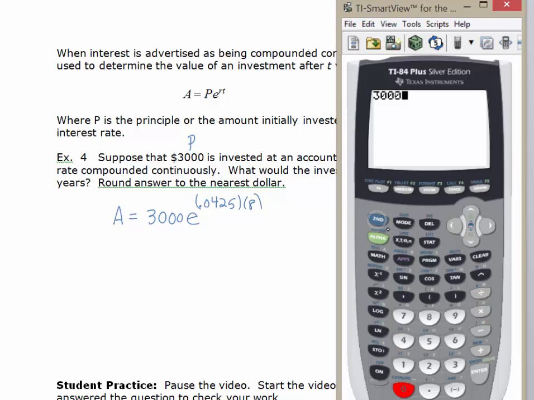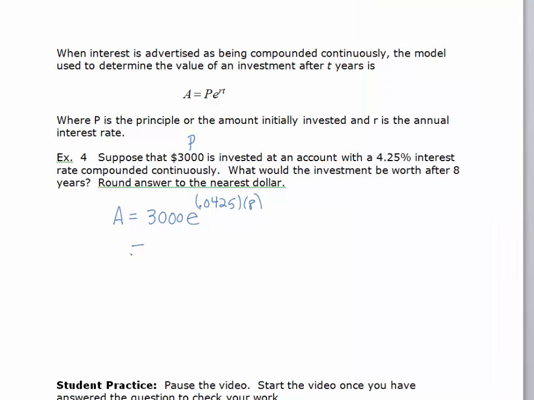So I'm going to use second and then ln, and that will automatically raise the exponent for me. Then I'm going to open parentheses. Even though my calculator doesn't need them, on most calculators you do, so we're going to type 0.0425 times 8 and close those parentheses and then hit enter. So our value would be worth $4,215 after 8 years.